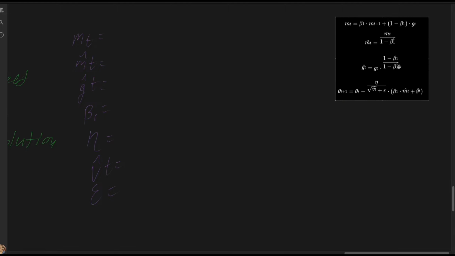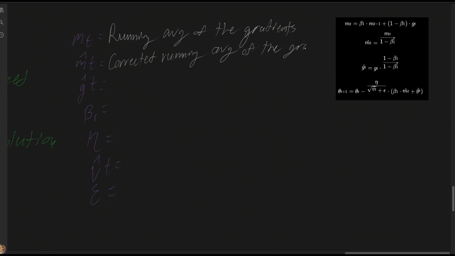So m of t is the running average of the gradients. m hat t is the corrected running average of the gradients. g hat t is the gradient with Nesterov momentum.